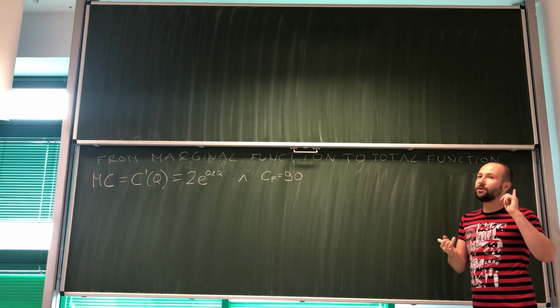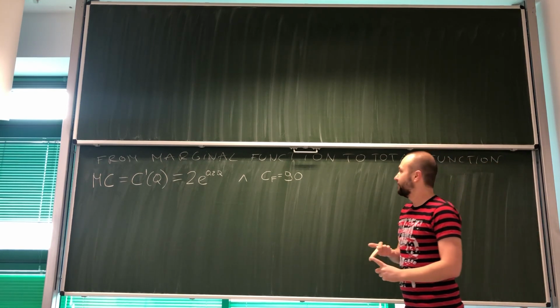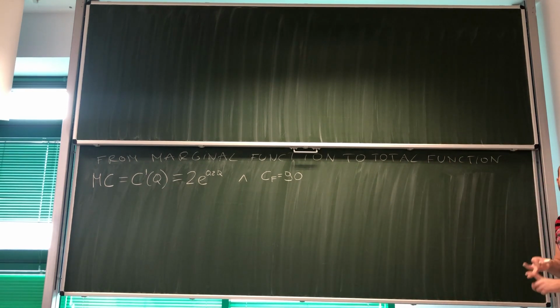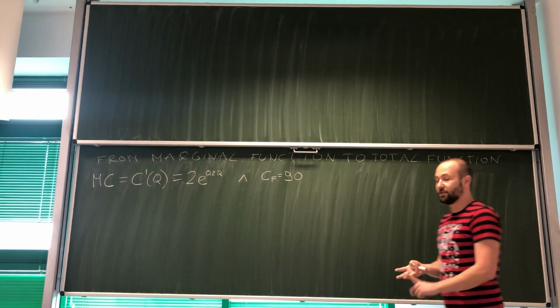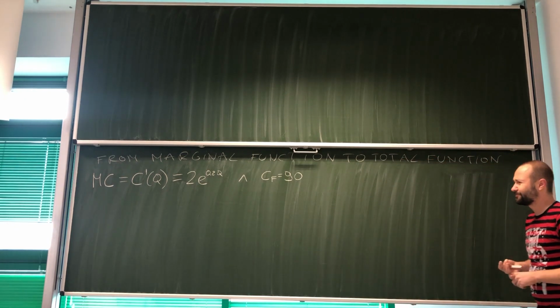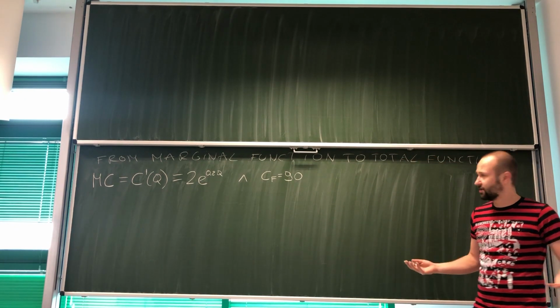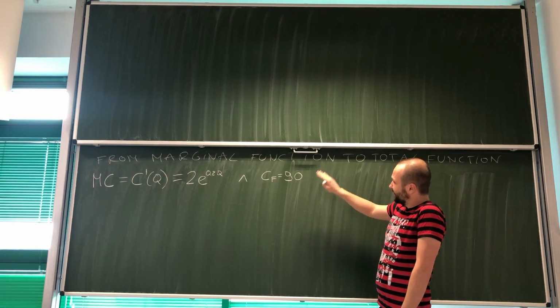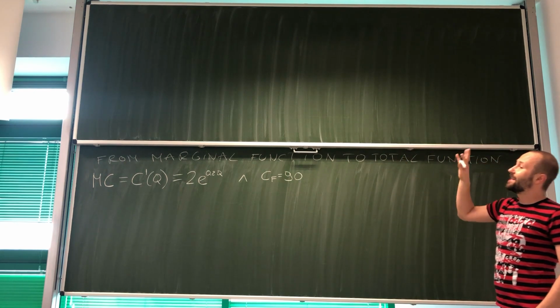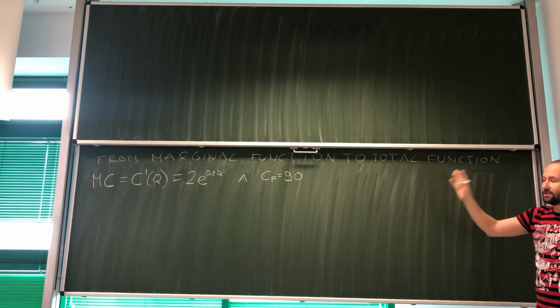This would be rent for a building. This could be accounting services. This would be lawyer services. This could be cleaning services, right? But now we can use this information to get the full total cost function.